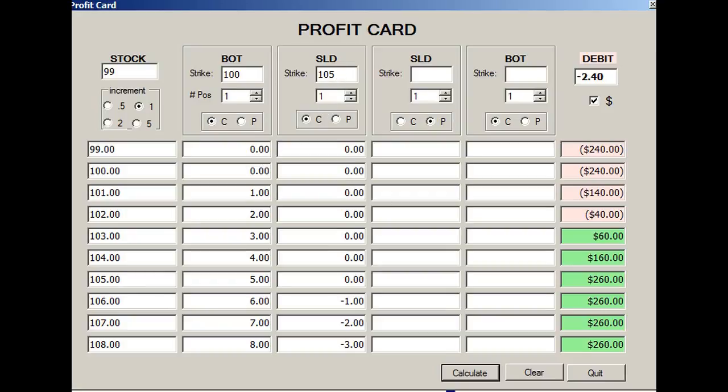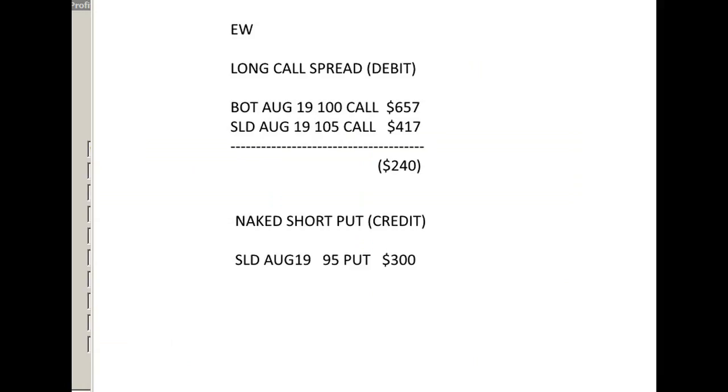Now, one thing we talked about was financing the cost of the long call spread by selling another option. In this case, we're going to sell a put, the 95 put, and the 95 put was selling for $300. So we sold a 95 put for each spread and received a credit of $300.